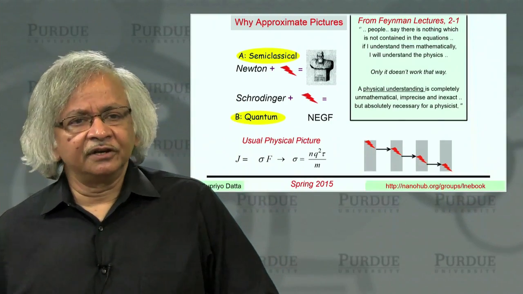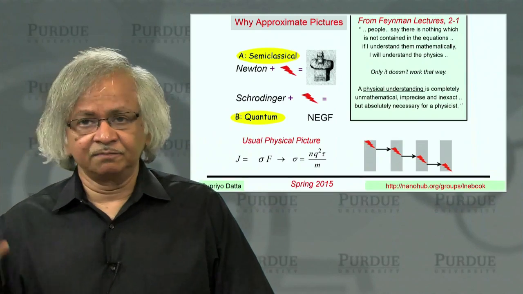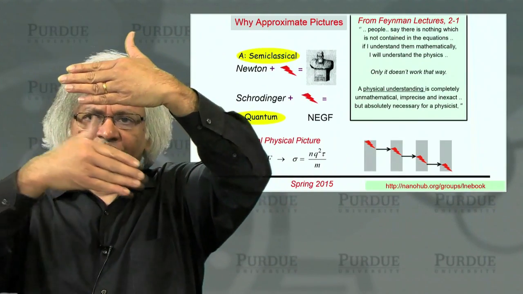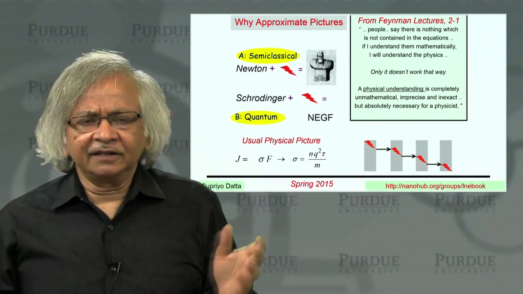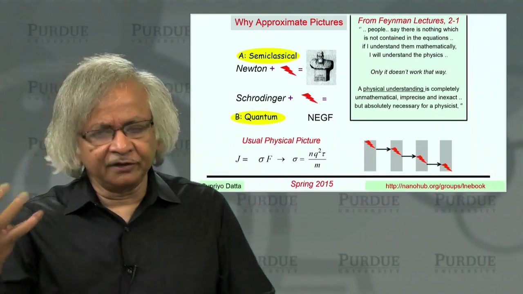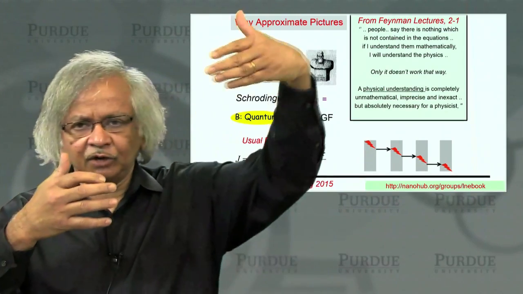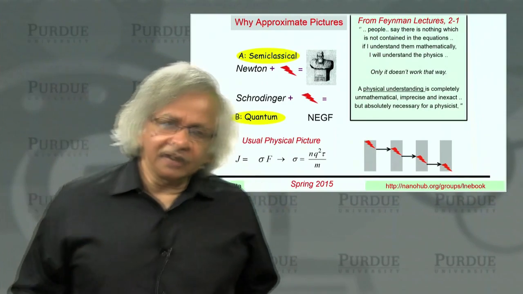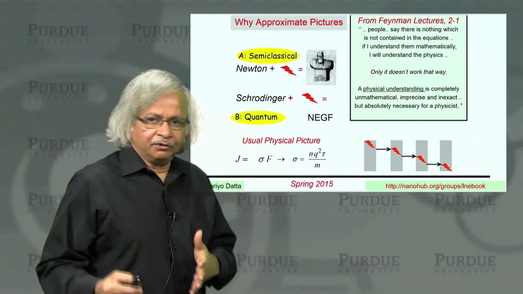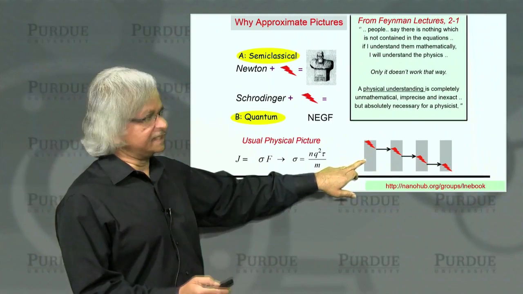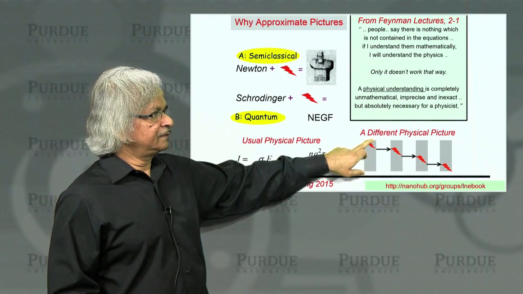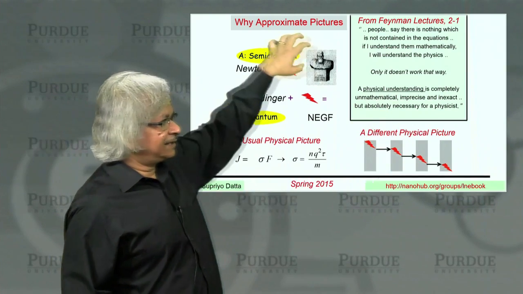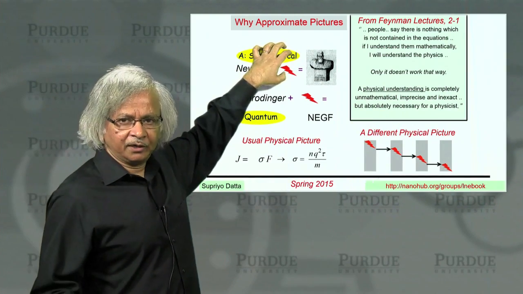These days, there's lots of interest in all kinds of devices like spin transport devices, where you have one spin flowing this way, another spin flowing this way. And if you think that electrons are driven by electric fields, it's very hard to understand why one flows one way and the other flows the other way. So what we are trying to convey to you here is a different physical picture, you see. But of course, this physical picture is based in the end on the Boltzmann equation.